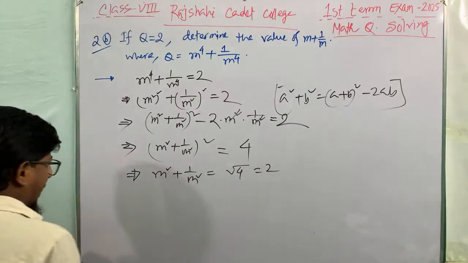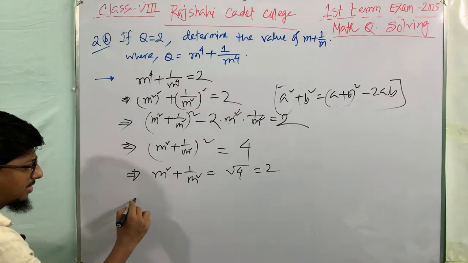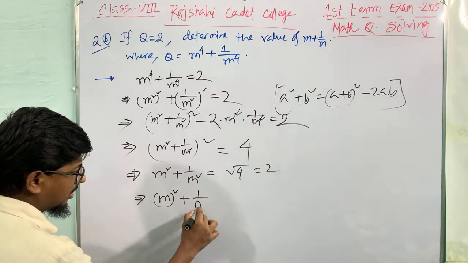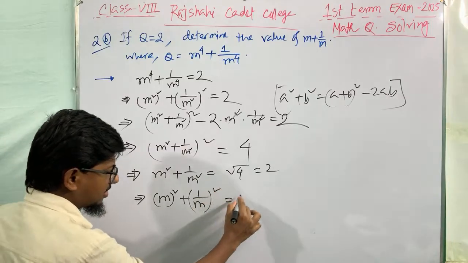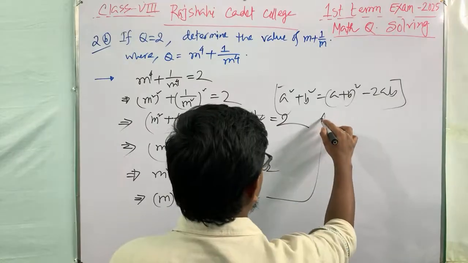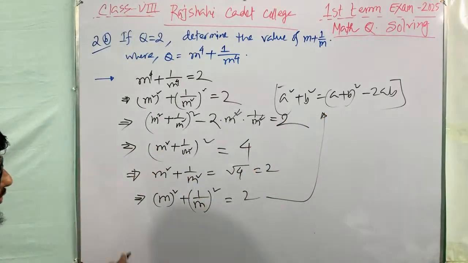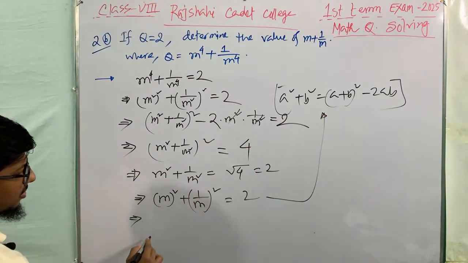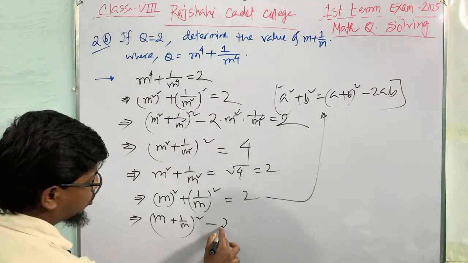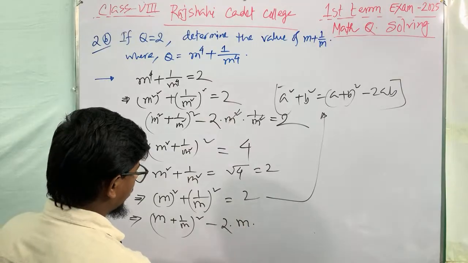Okay, now that we have this line, we can write the left hand side like this, and then we are going to use the same formula again. So we have a square plus b square, that is a plus b whole square minus 2 into a into b.